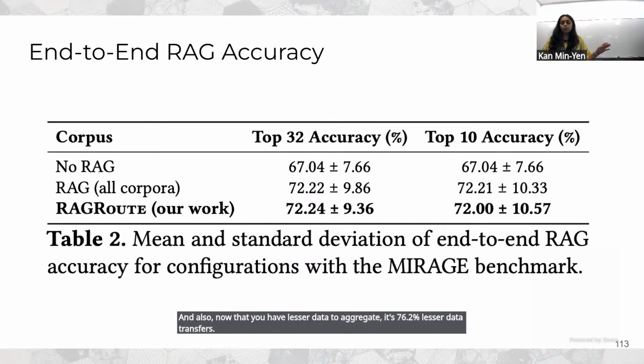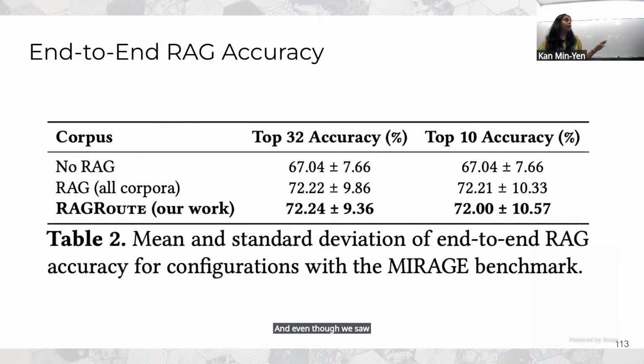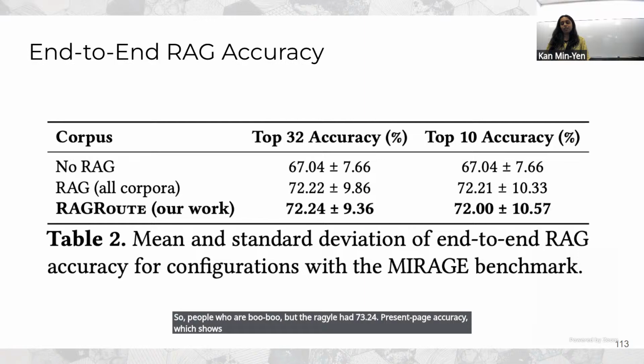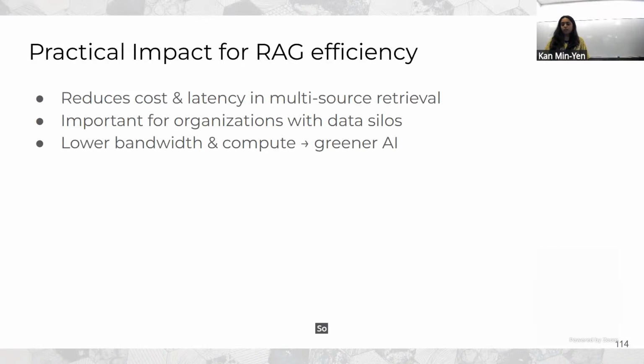And even though we saw far fewer queries, RAGRoute maintains nearly identical accuracy. The RAG of Zopera had around 72.22%, but RAGRoute had 72.24% accuracy, which shows that efficiency did not really sacrifice accuracy.